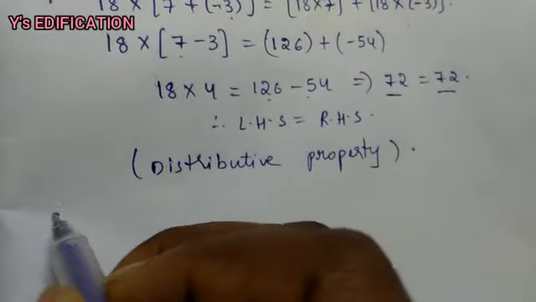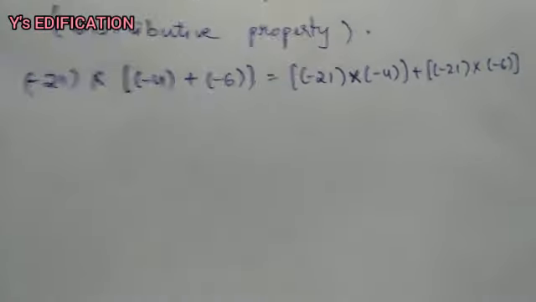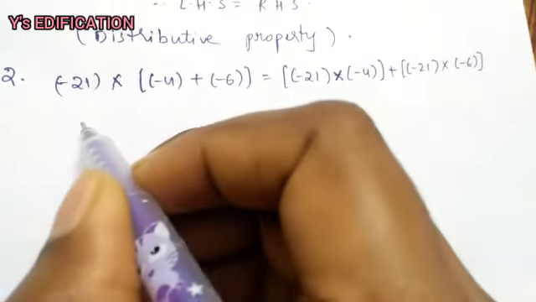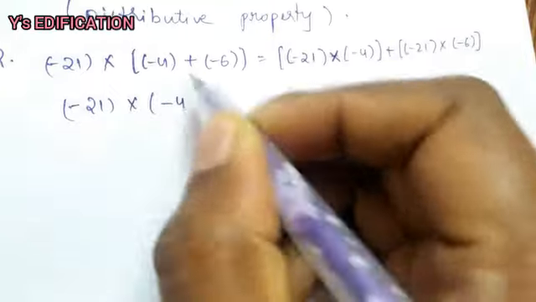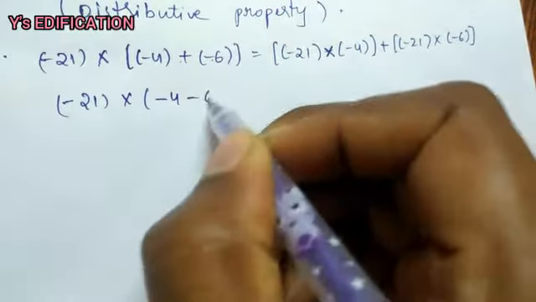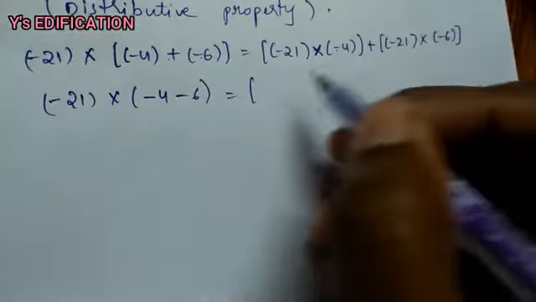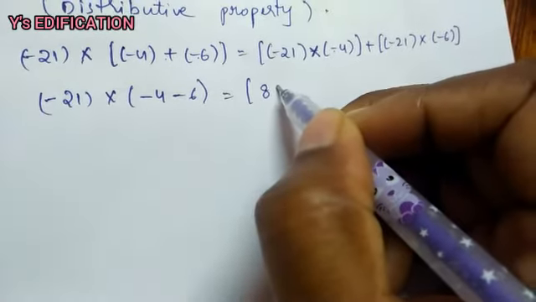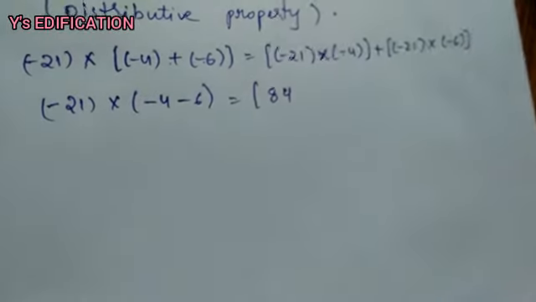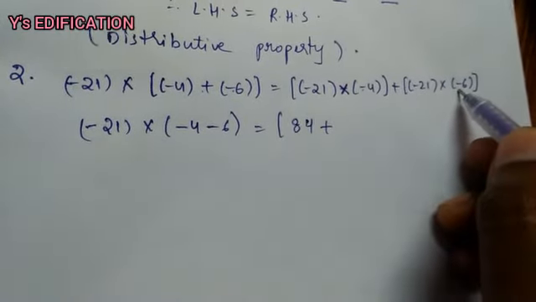And the next one. So what is this? Yes, this is also distributive property. Okay. Come, you also do along with me. Minus 21 into minus 4 plus minus is minus 6 is equal to, minus into minus is plus. 21 into 4 is 84. Okay. Plus. Here also minus into minus is plus.